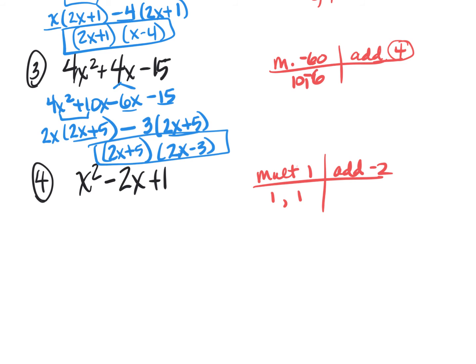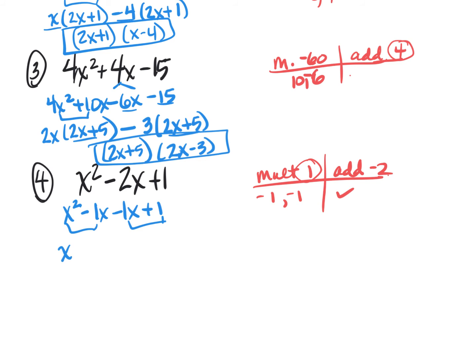But they have to add to negative 2. So if you multiply to something that's positive, it means the two signs matched. But the only way to add them to negative was if they were both negative. So this is my combo that I want. So we are going to go back over here and bust up that negative 2 and say x squared minus 1x minus 1x. You don't have to write the 1, but you can. Group them.